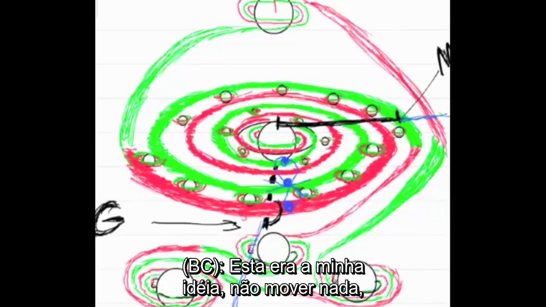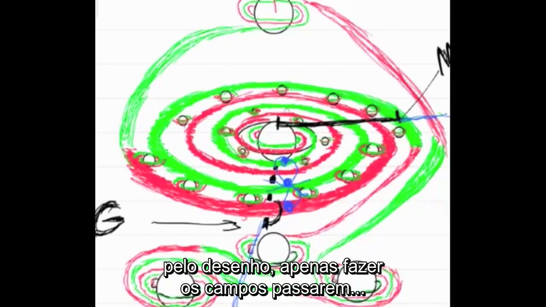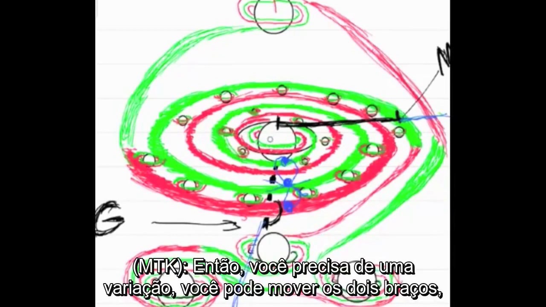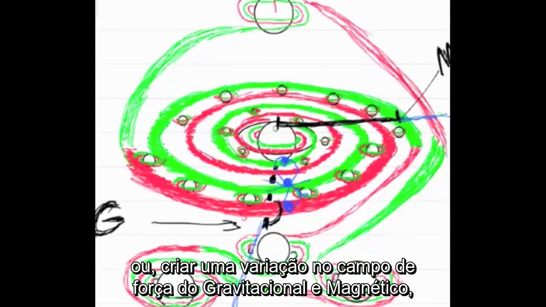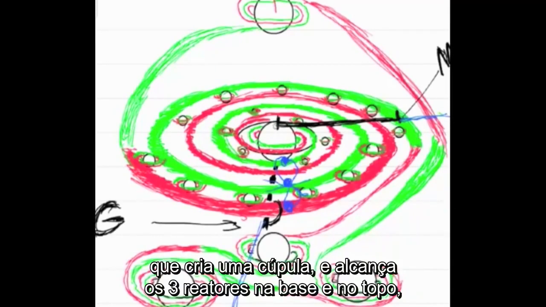Yeah, this was my idea, not to move anything, just by drawing to make the fields run through. Yeah, so you need a variation. You can move the 2 arms, or create a variation in field strength of the gravitational and magnetical, so that it creates a dome and it reaches the 3 reactors at the bottom and the top one.